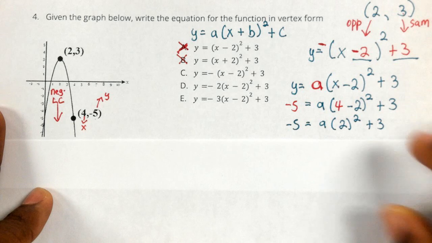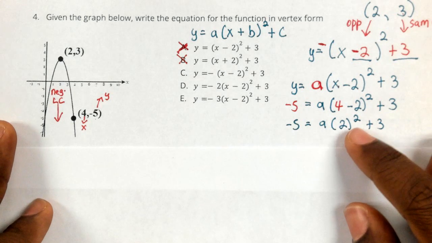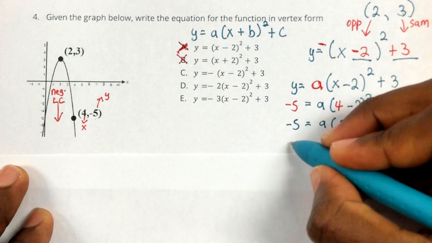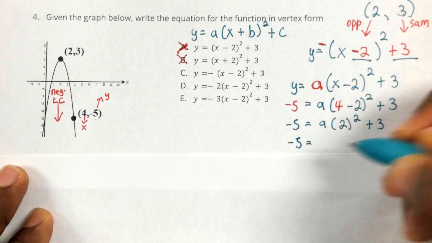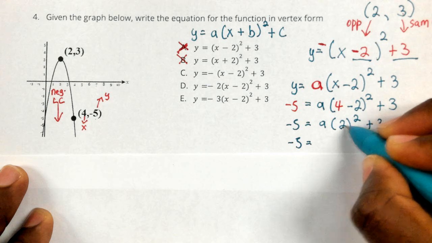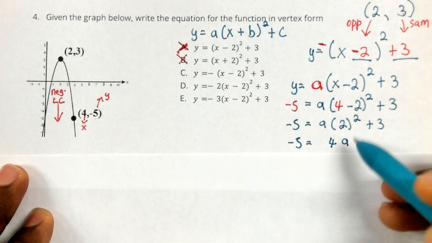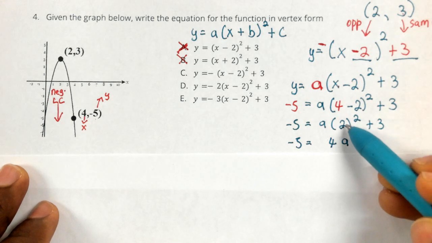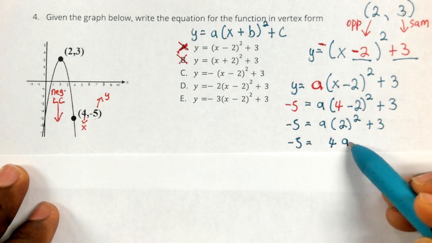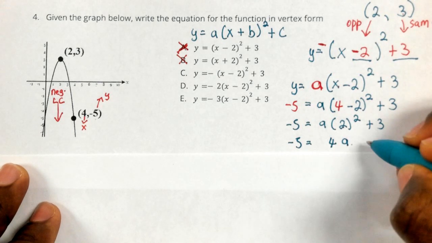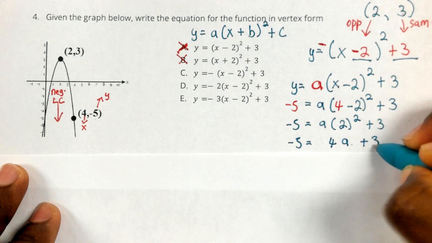Now I'm going to square my 2. 2 squared is 2 times 2, which is 4. So here I would have 4a, with the a written beside it. And then the positive 3, I'm going to bring it down.